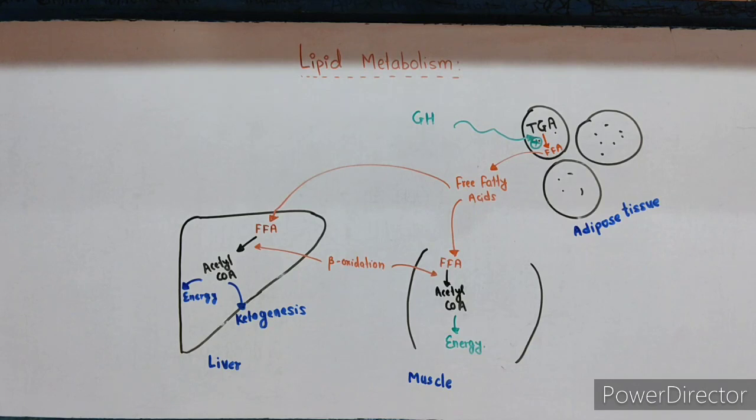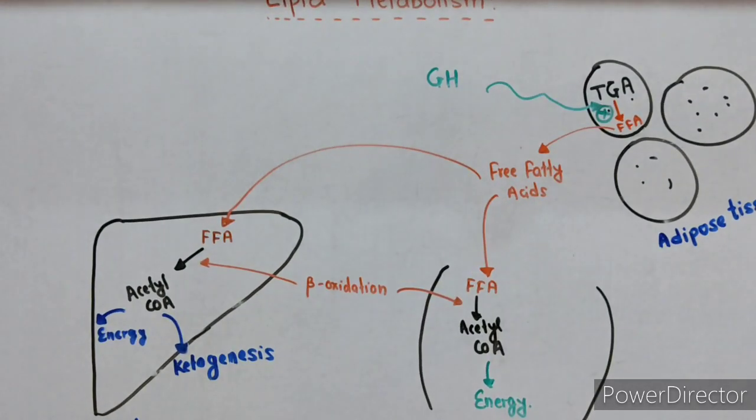Now the role of growth hormone in lipid metabolism. The main action of growth hormone in lipid metabolism is that it increases lipolysis. In adipose tissue, fat is stored as triglycerides. These triglycerides are broken down into free fatty acids. This is called lipolysis.